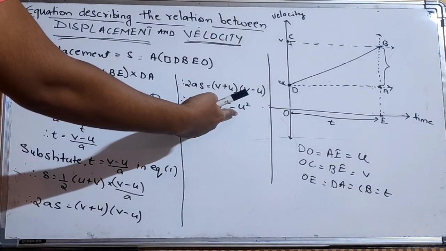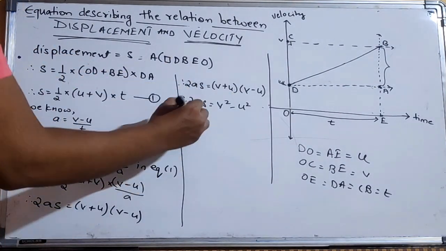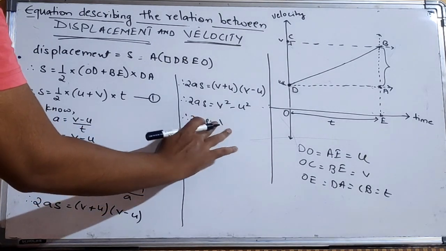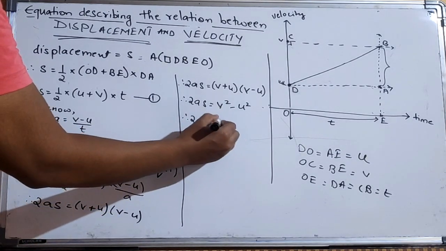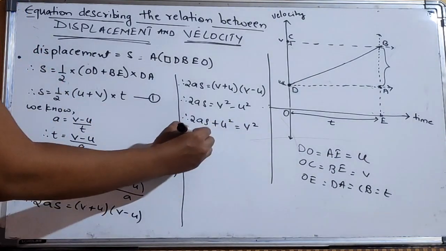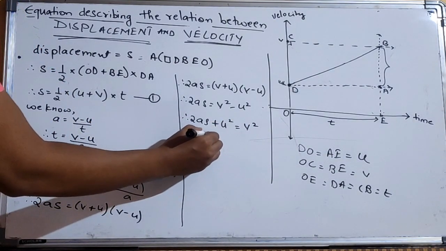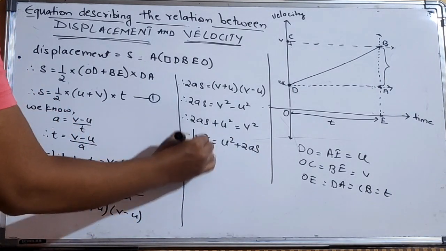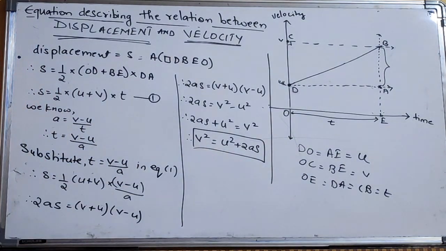Again, I'm going to take this U square to the left hand side, so 2AS plus U square is equal to V square. So after rearranging, we get V square is equal to U square plus 2AS. So this is your third equation of motion. I hope you all have understood all the three equations and how to derive them graphically.